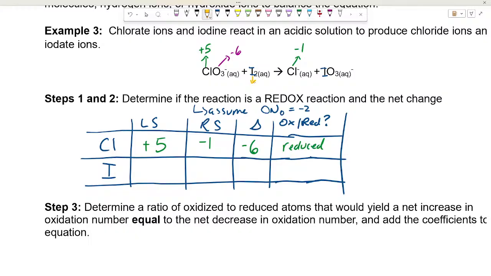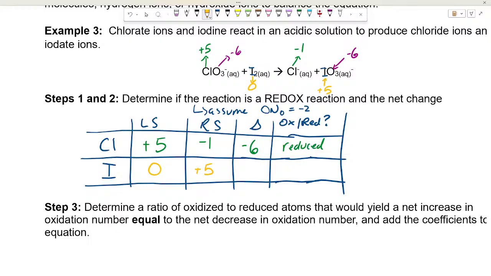What's the oxidation number of iodine here? What's it sum to? 0. Okay, so that's easy. And then what about here? What's the oxygen giving us? -6. What's it have to sum to? -1. So what is the iodine giving you here then? +5.